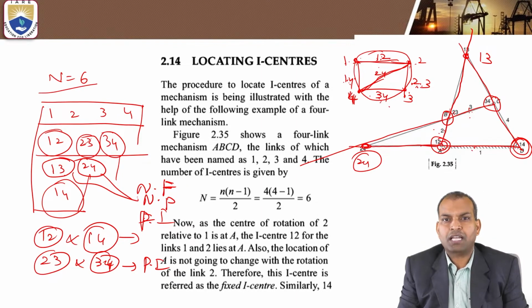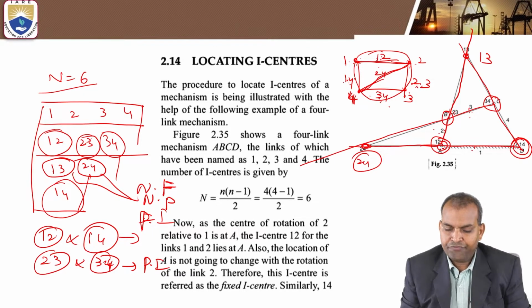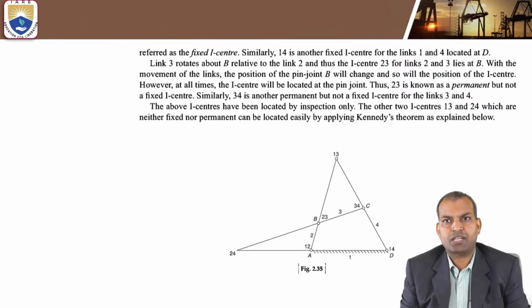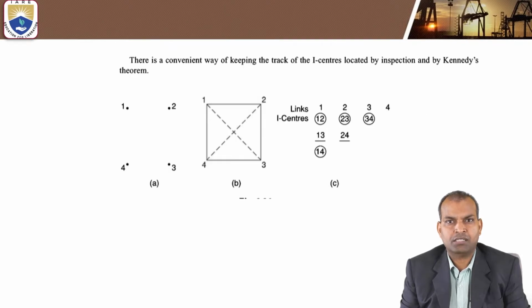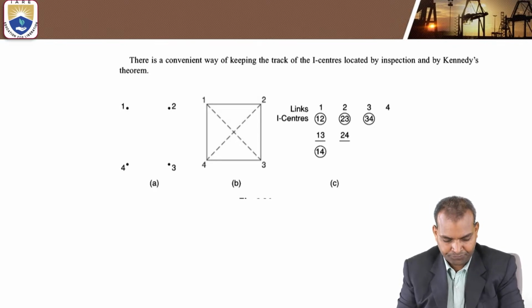In that manner, we have studied in the last class up to this portion. These are the various methods to locate, and the types of I centers, by using figure A, figure B and figure C.